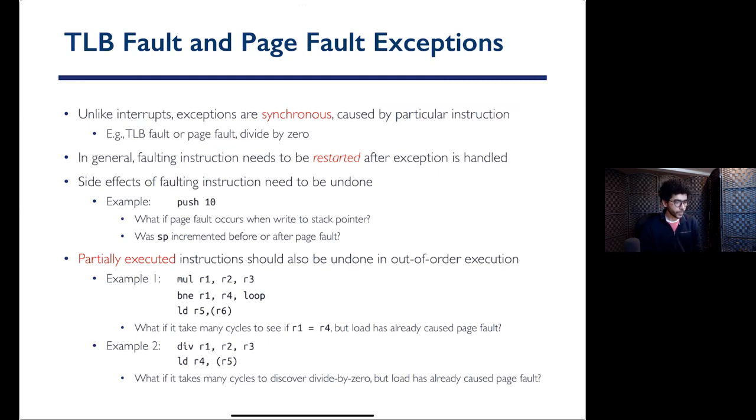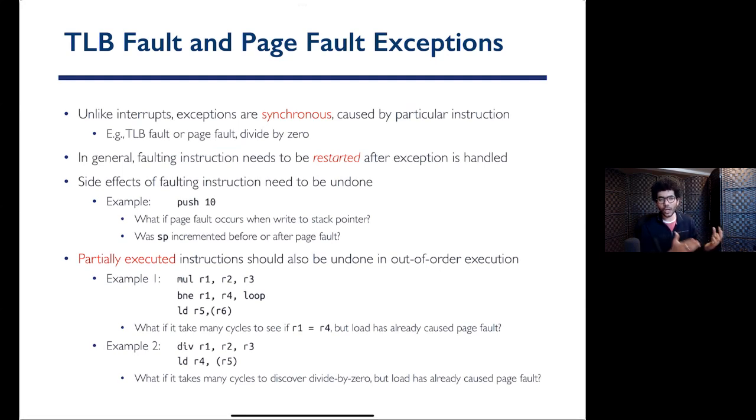Now, in general, with exceptions, if we want to go back and execute the software, if the exception doesn't cause the process to terminate, then where should we go back to in the program that raised the exception? Usually you want to go to the same instruction that raised the exception, because you didn't really finish that instruction.